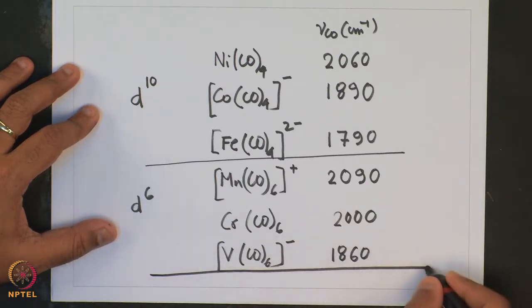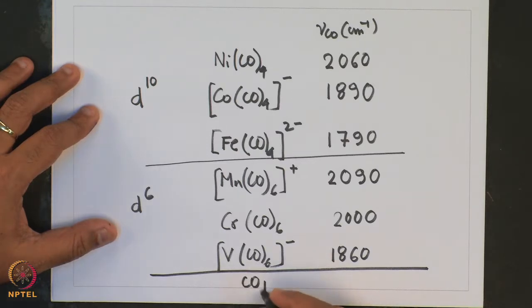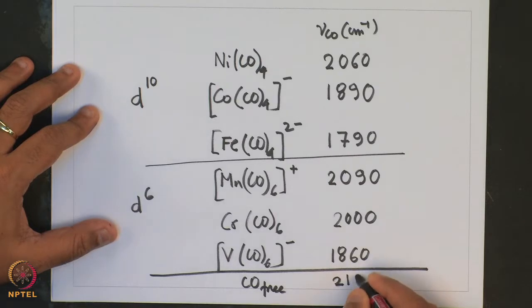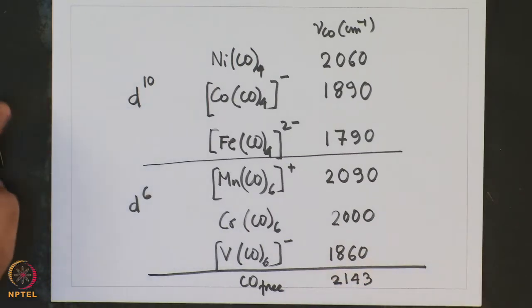So, just to give you a feel, for free CO where there is no back donation, the stretching frequency is very high because of the triple bonded nature of the CO bond, and that arrives at 2143.